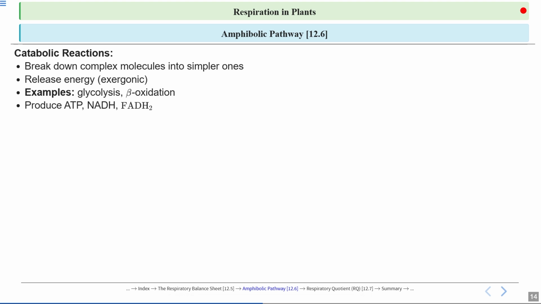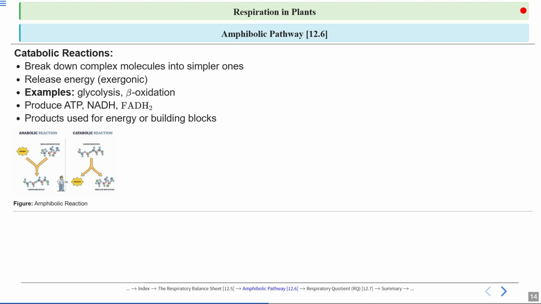Because energy is released, it produces ATP, NADH and FADH2. And these products are used for energy or building blocks. That is, the energy that these products contain is used for building other compounds.